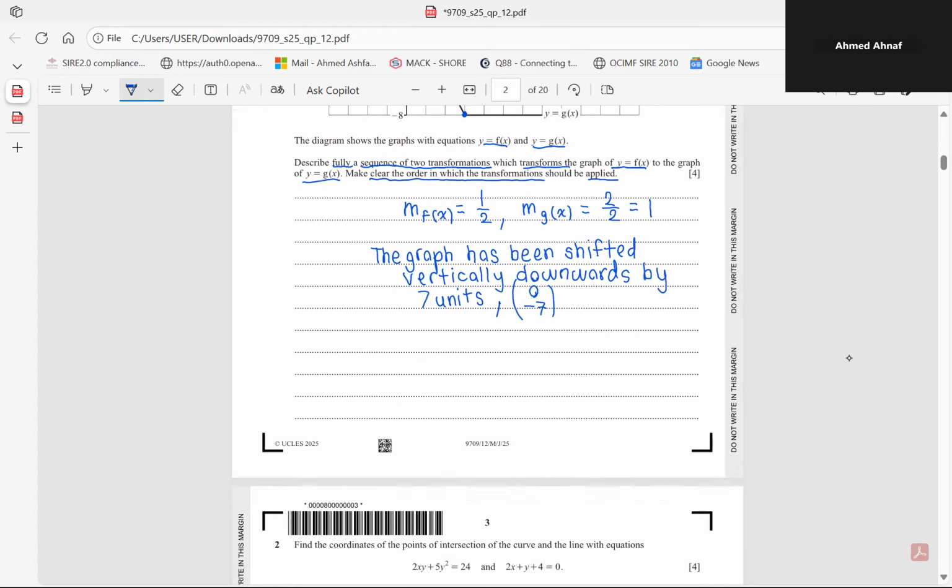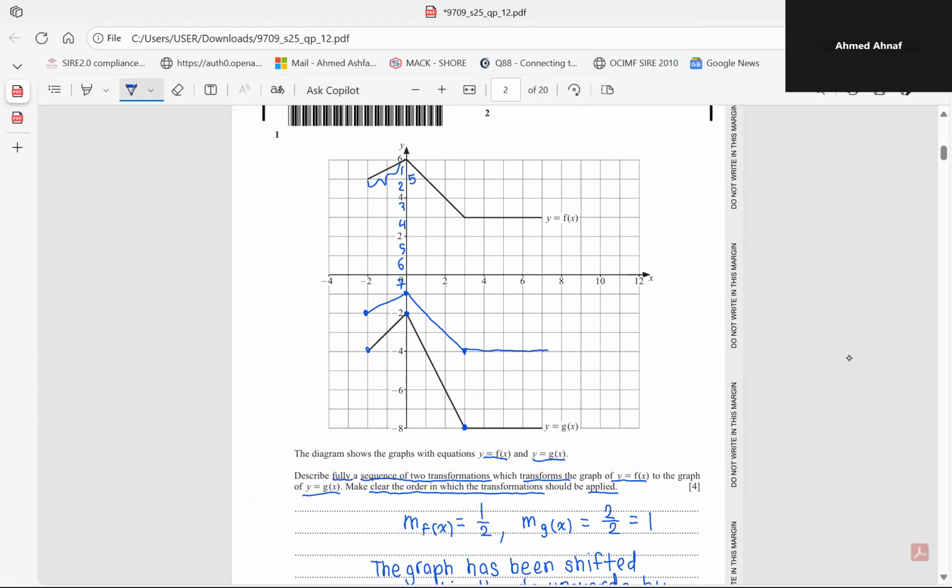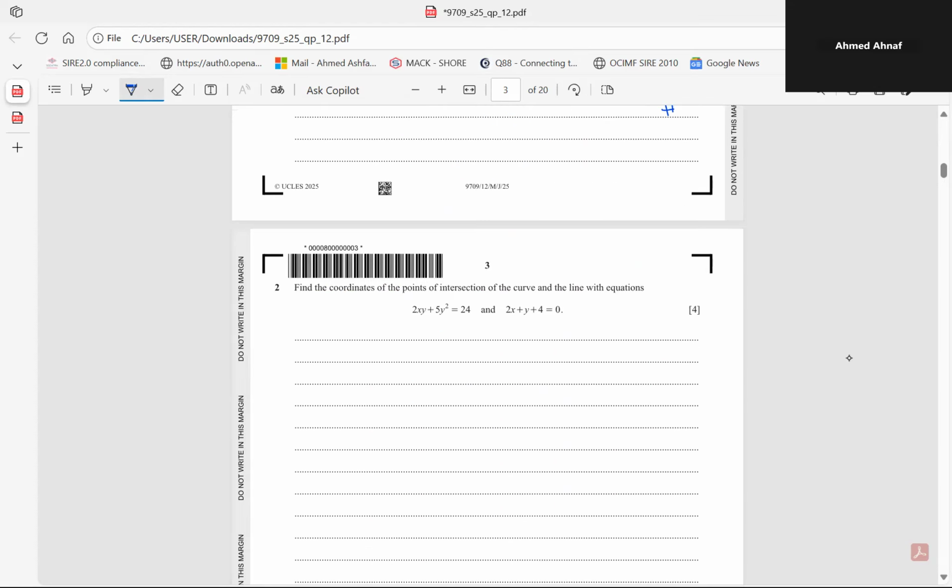And then you should write followed by a vertical stretch of scale factor 2. So this is our final answer for this question. Let's head on to the next question.